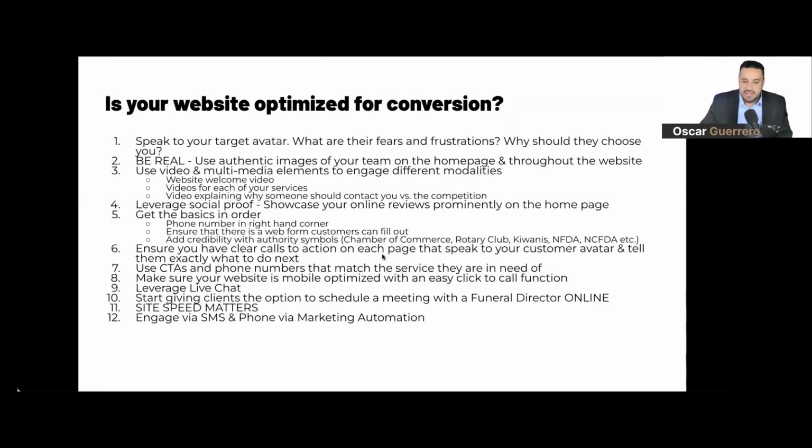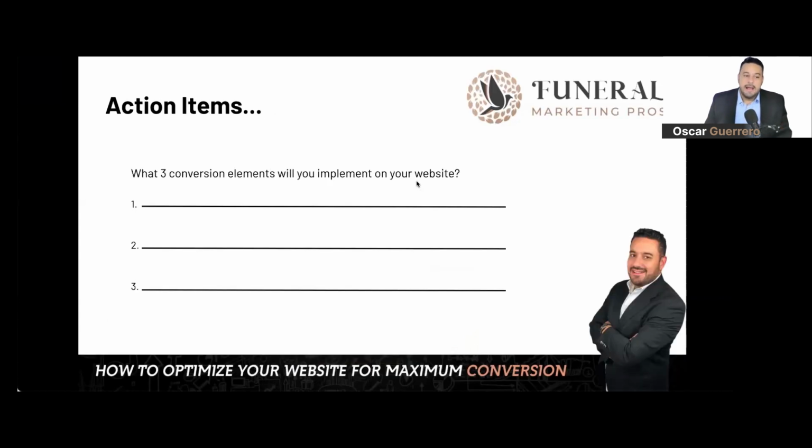So again, I'm sharing the checklist with you so that you can implement this. This is also in your workbook. What I'd like to do now is, if you have your workbook open, that's great. If not, you can go ahead and jot this down. Pick three things.